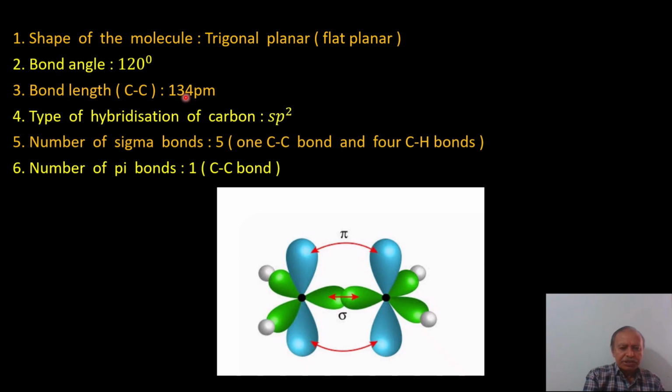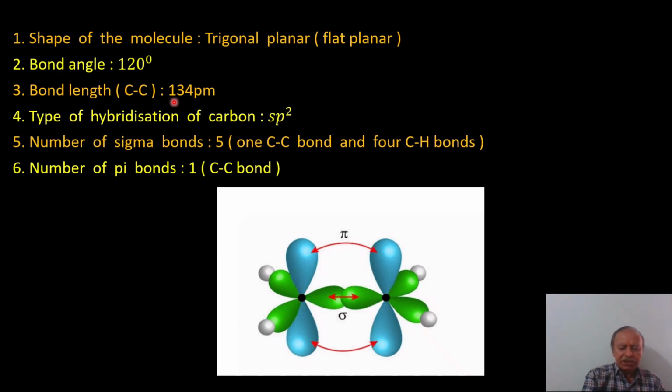This question will be asked for 3 marks in the examination, sometimes about 4 marks. Explain the formation of the ethene molecule using the concept of hybridization, that will be for 3 or 4 marks. Here I have given the questions.